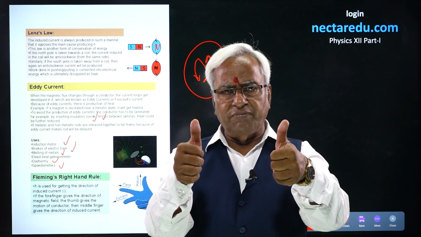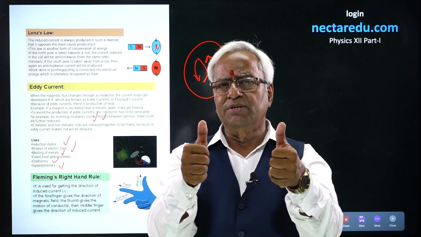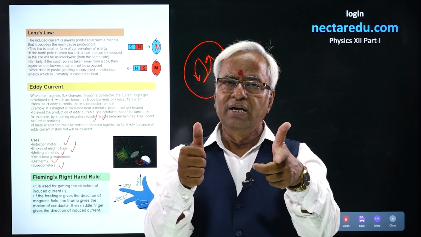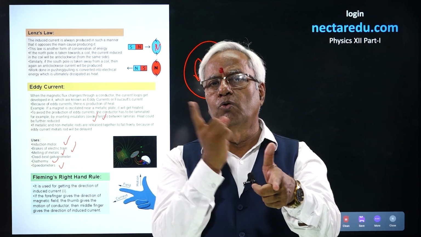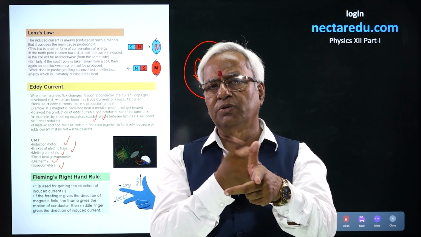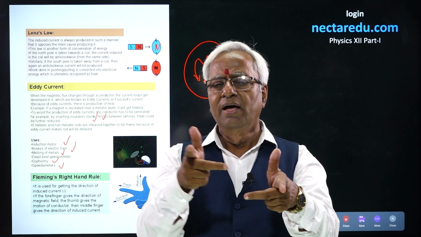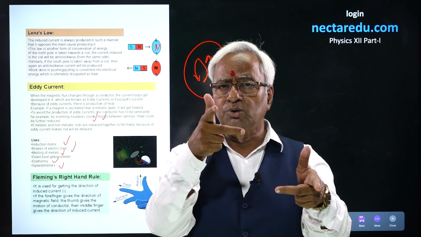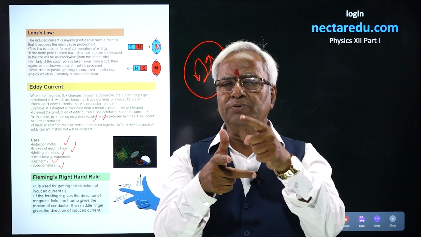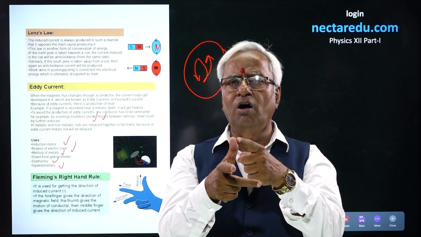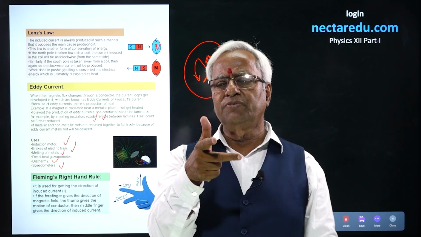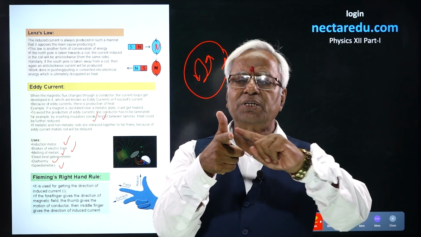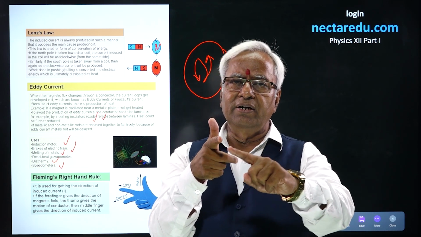Now, the difference is in the thumb only. Here it was force, magnetic force in Fleming's left-hand rule, and in Fleming's right-hand rule, thumb is going to represent the motion of conductor. So, what is Fleming's right-hand rule? This will represent the magnetic field.